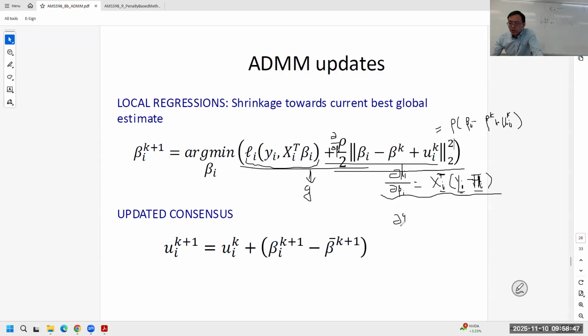Then the second order derivative of g with respect to beta_i, because beta_i is a vector, is d beta_i transpose d beta_i. This is going to be equal to X_i transpose, this is going to be D_i, times X_i, and then plus the second term, if you take the derivative with respect to beta_i, this is just rho.